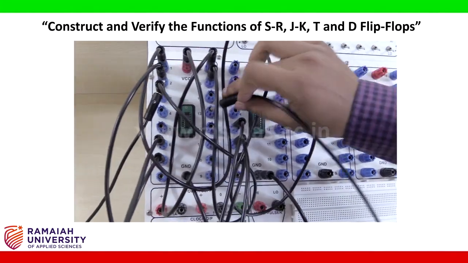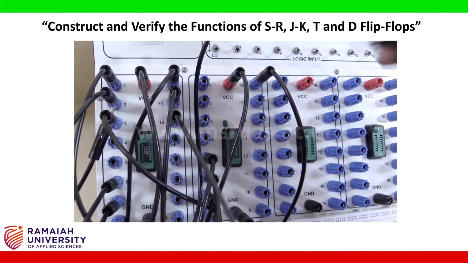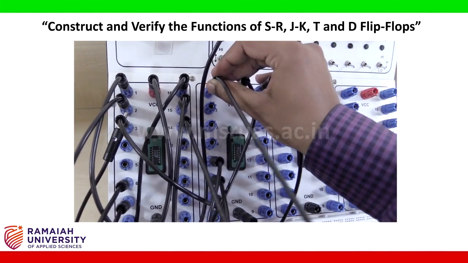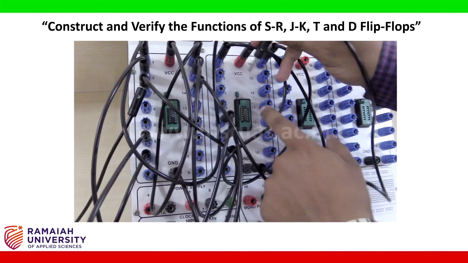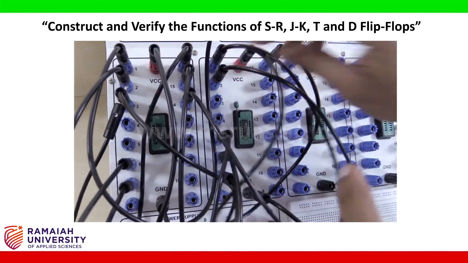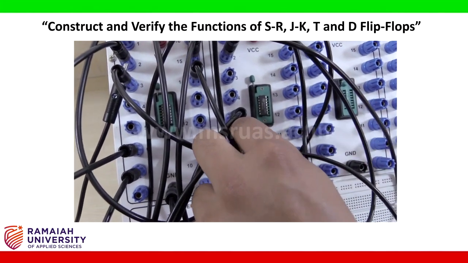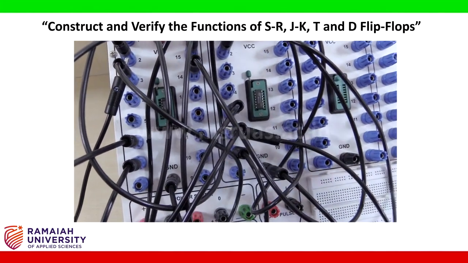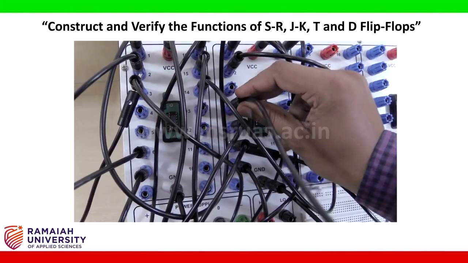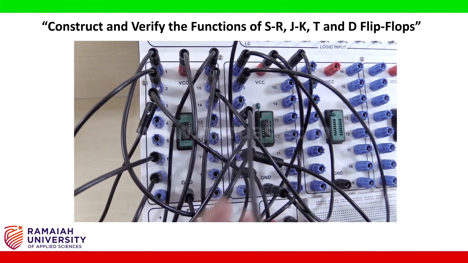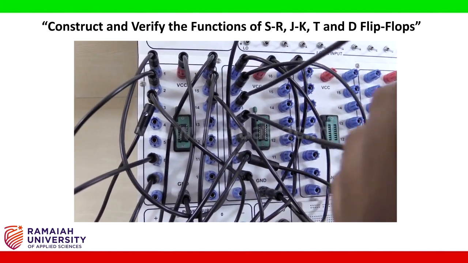Pin number 12 of the 3 input NAND gate is connected to pin number 1 of the 2 input NAND gate. Pin number 2 of the 2 input NAND gate is connected to pin number 6 of the 2 input NAND gate. Pin number 4 of 2 input NAND gate is connected to pin number 3 of 2 input NAND gate.